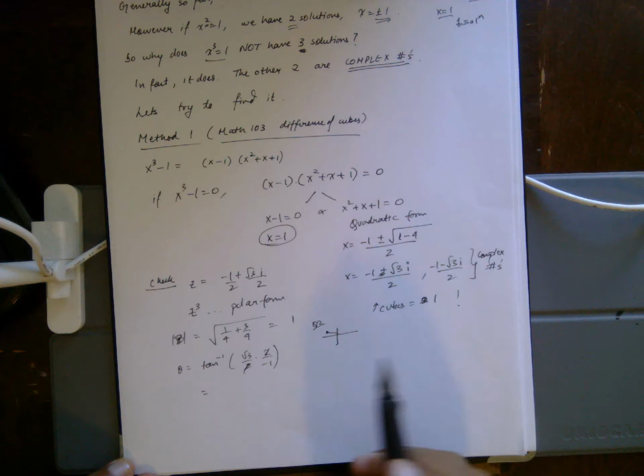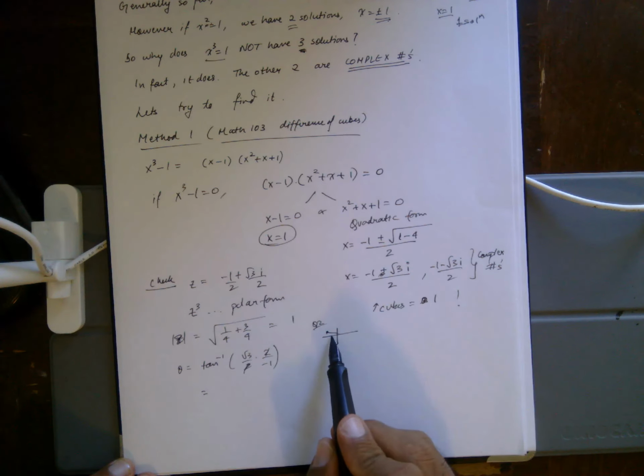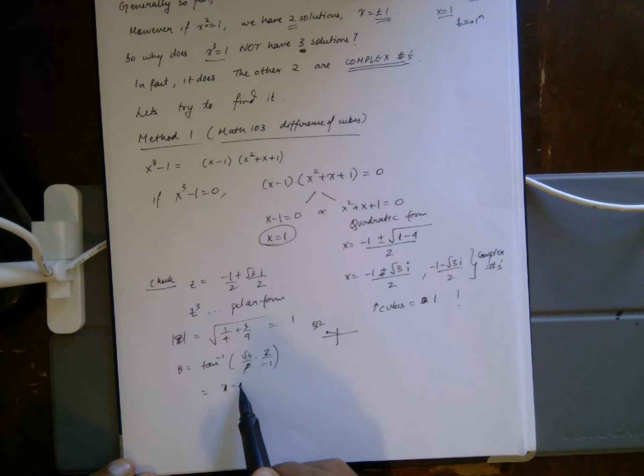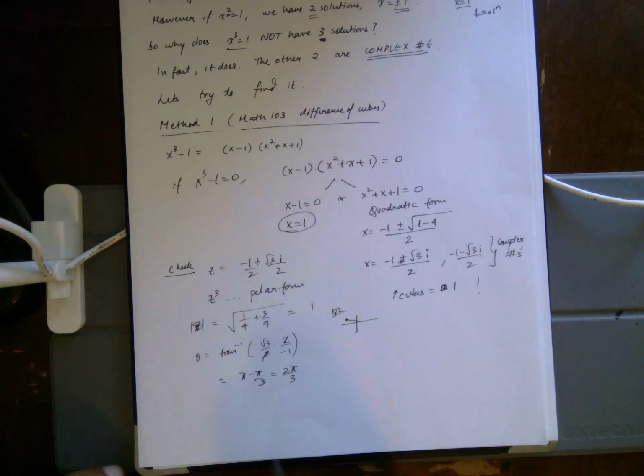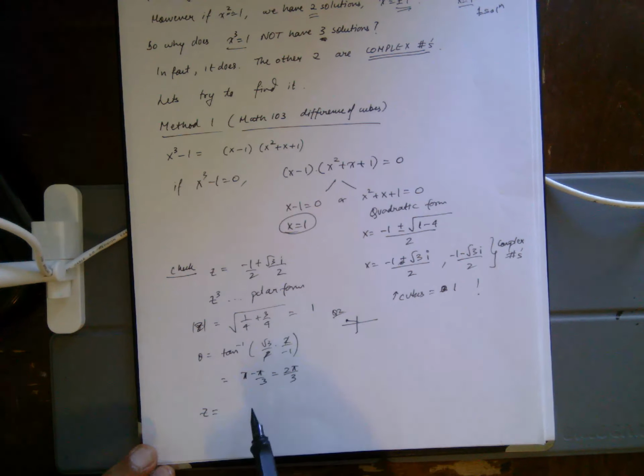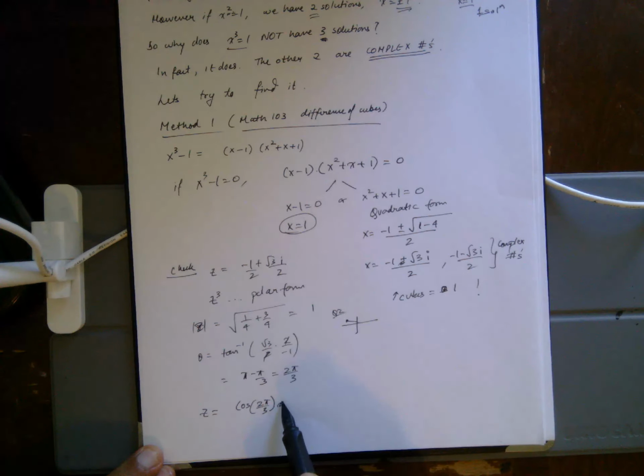So it should be 60 degrees, pi over 3. In quadrant 2, that would be pi minus pi over 3, 2 pi over 3. So in polar form, z is cosine of 2 pi over 3 plus i sine 2 pi over 3.